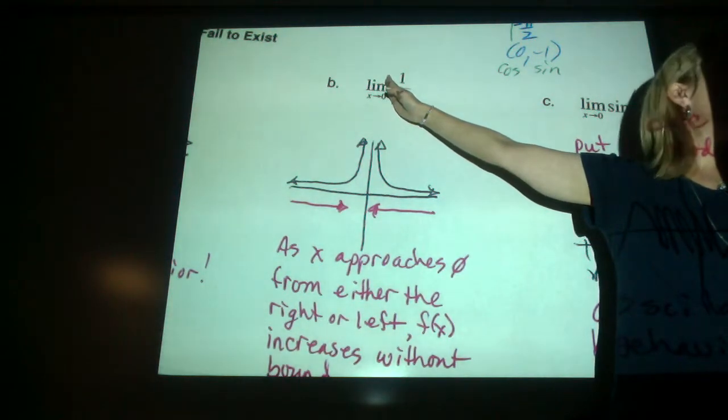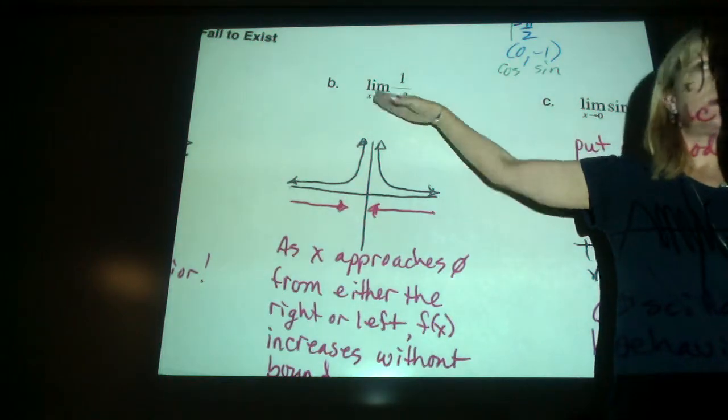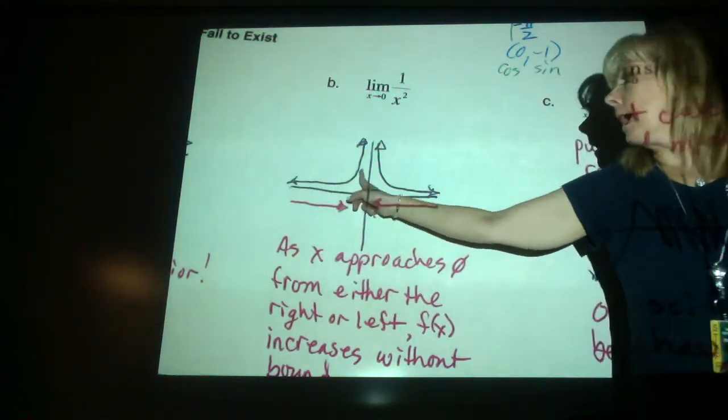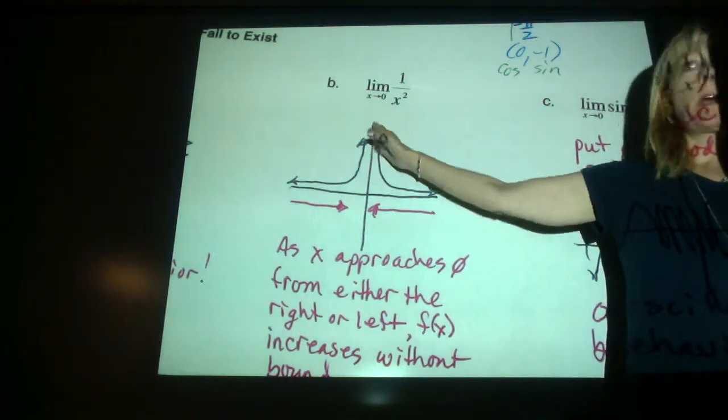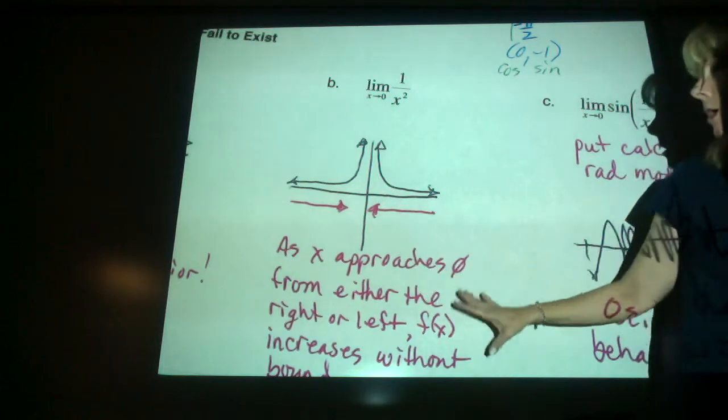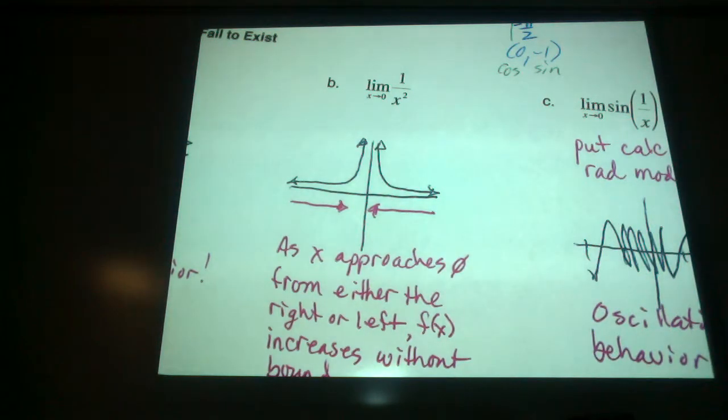I can't tell you what the y value is because it's increasing without bound. And same thing, as I approach the graph from the left, it's going to increase without bound as you hit 0. It's never going to actually hit 0. So anytime that you approach a graph from right or left and it's increasing without bound, the limit does not exist. And then this one's fascinating.